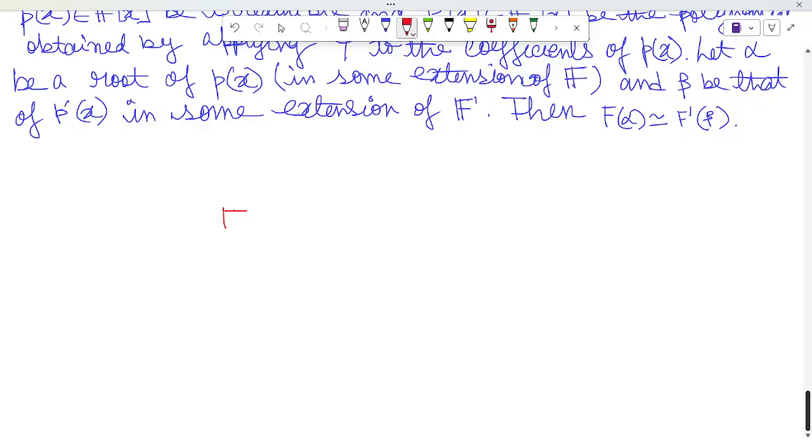So suppose you are given a field isomorphism. Now, in f[x], you can consider p[x]. In f dash x, you are considering the polynomial we get by applying phi. Then that polynomial has a root in some extension. Let the extension be k.